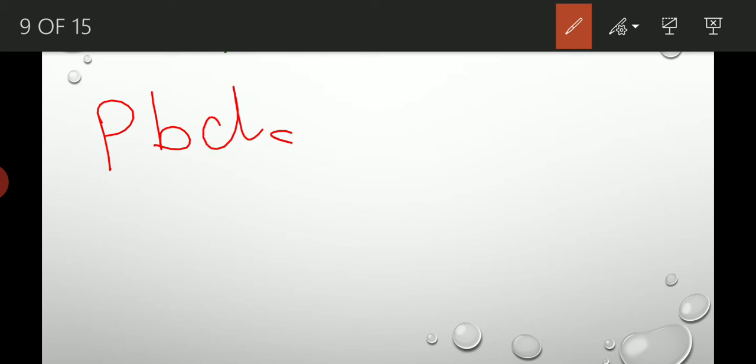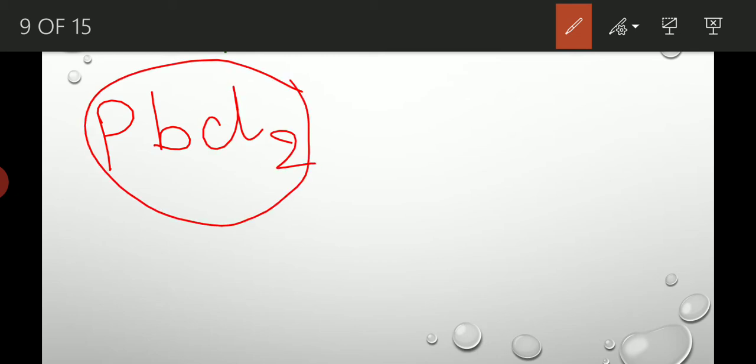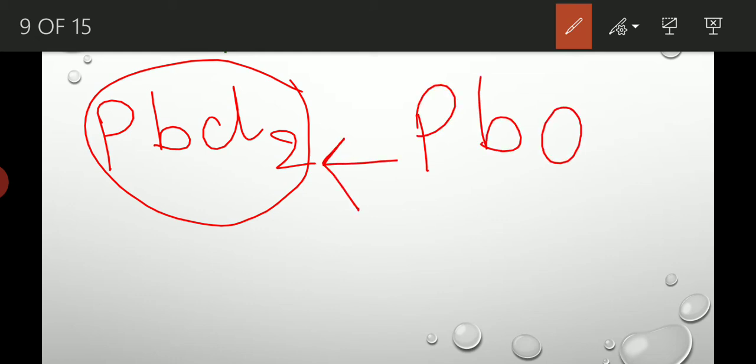Let's take one example. Suppose we will see preparation of PbCl2, lead chloride. We will prepare lead chloride from PbO. We will take lead oxide and we will produce lead chloride. Both lead oxide and lead chloride are insoluble.